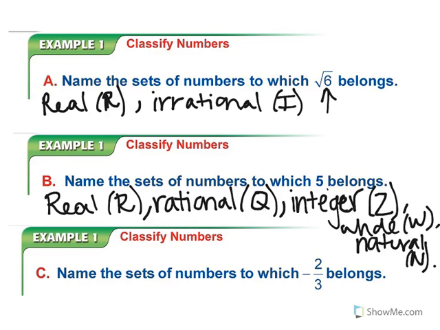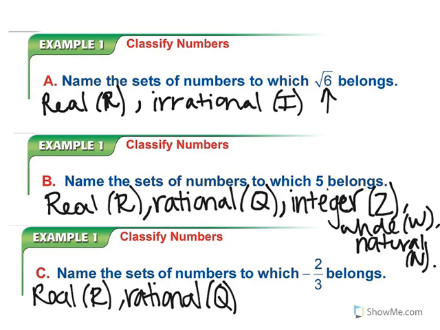Example C. Name the sets of numbers to which -2/3 belongs. Okay, well, we know it's real. And then you ask yourself, is it rational or irrational? Well, it's already in the form of a fraction, so we know it's rational. And then we want to ask ourselves, okay, is it an integer?